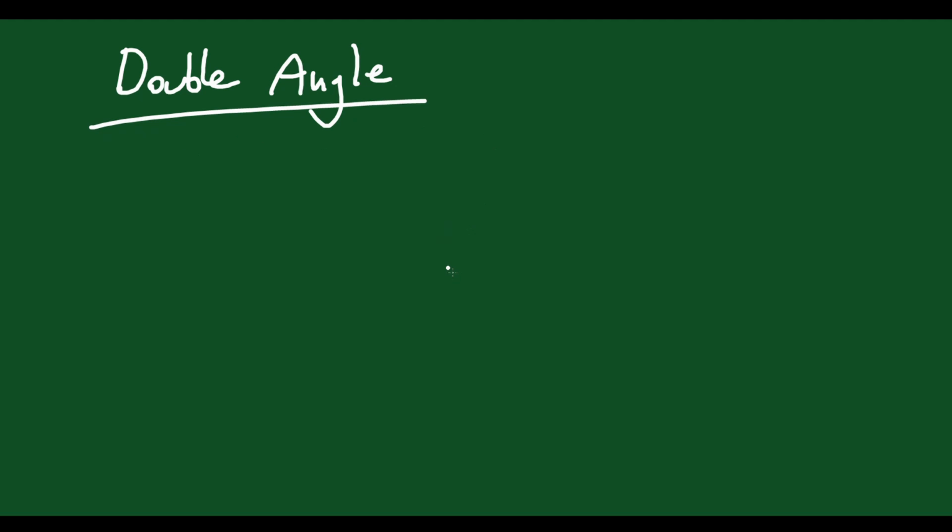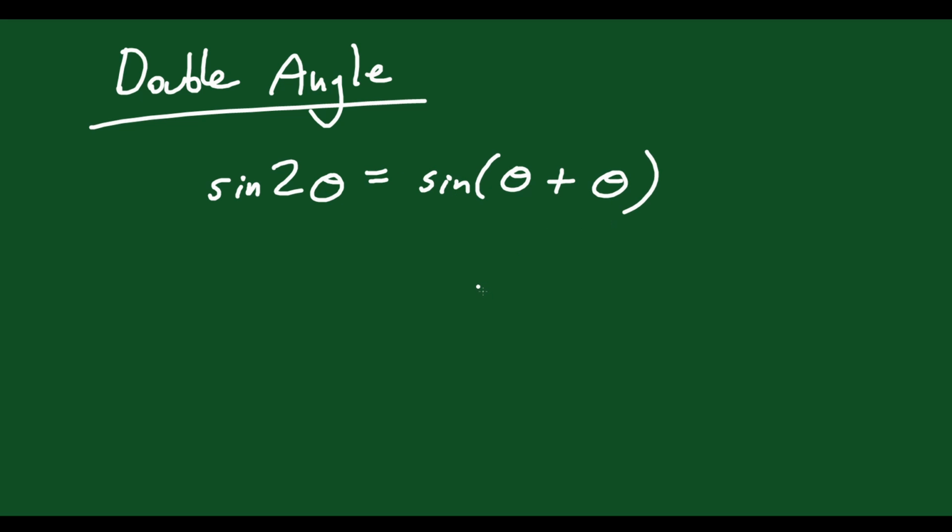Okay. Now that was the compound angle. Now let's talk about the double angle identity, right? Double angle. This one's not as difficult to figure out, because sine of 2 theta is actually equal to sine of theta plus theta, right? So we can rely on the compound angle identities to figure out the double angle identities.